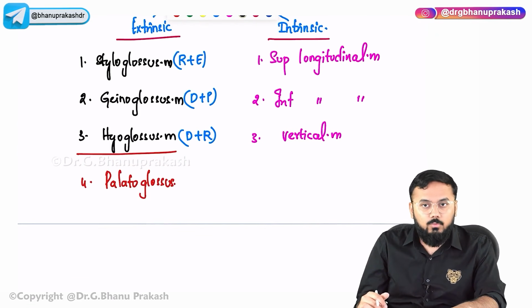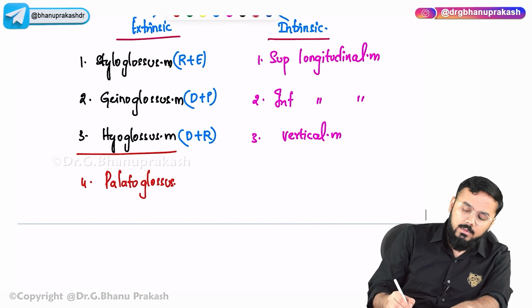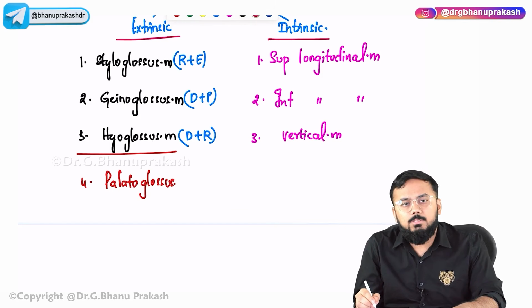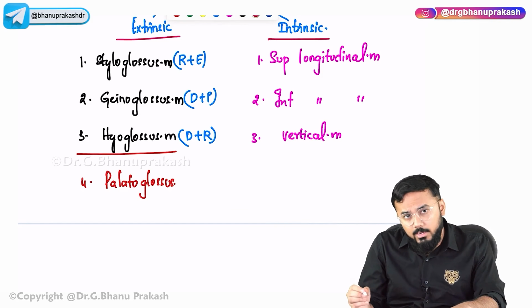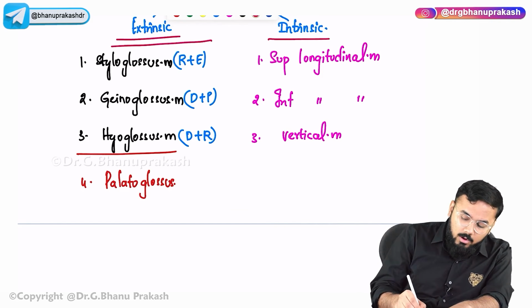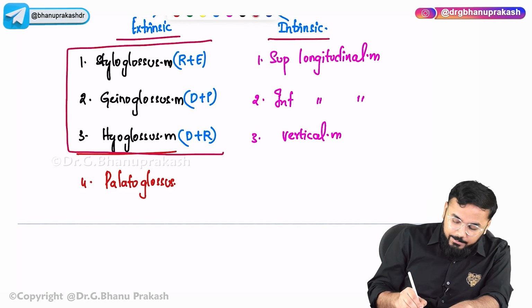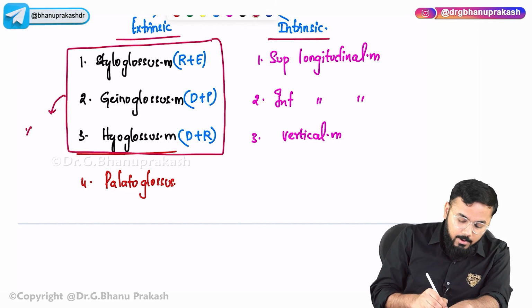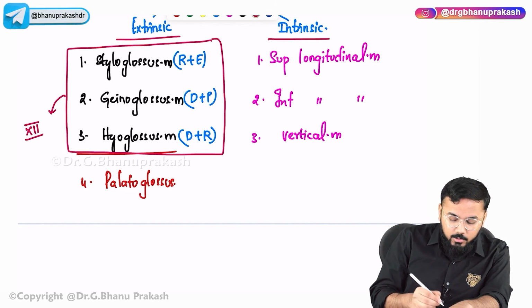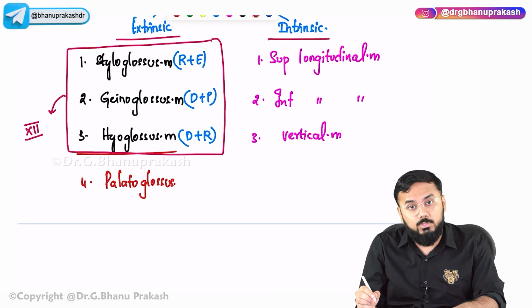Now, the important thing is, what is the nerve that is supplying all these muscles? All your extrinsic muscles, all of them except the fourth one, are supplied by cranial nerve number 12. That is your hypoglossal nerve.